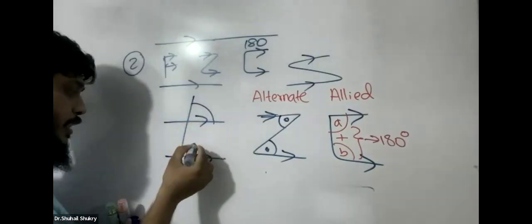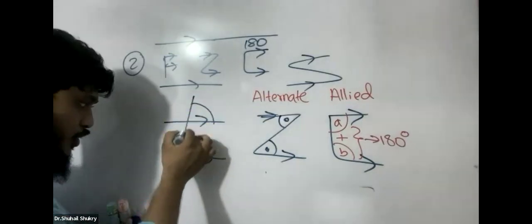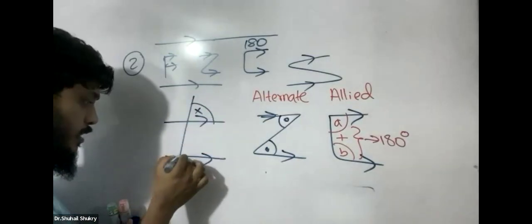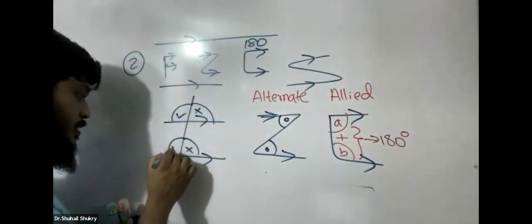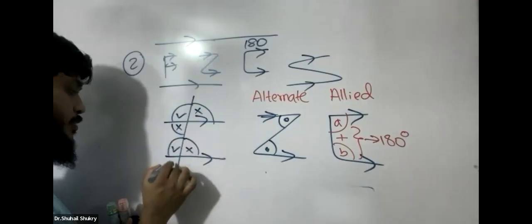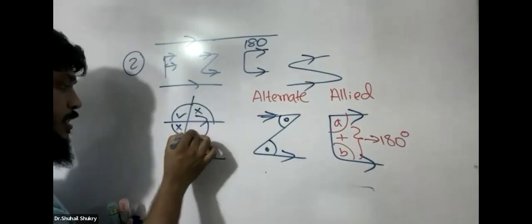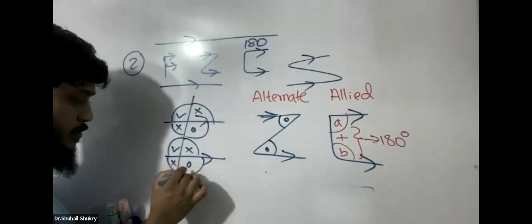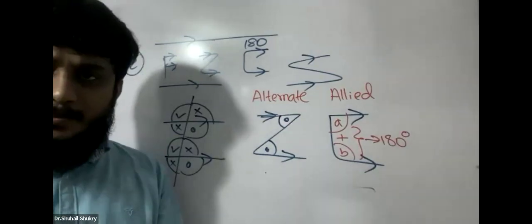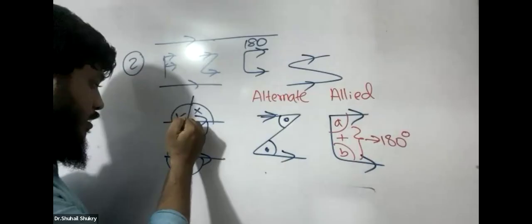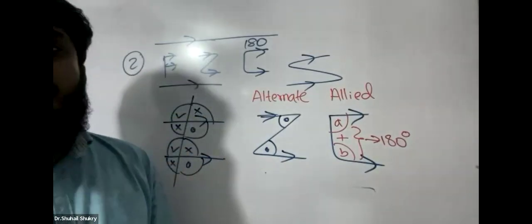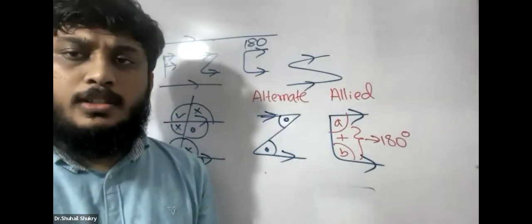The above angle on this side is equal to the above angle on the other side. This side's below one is equal to the other side's below one. Clear?